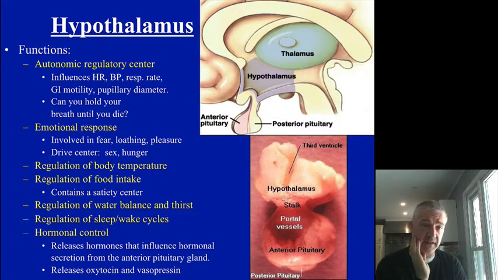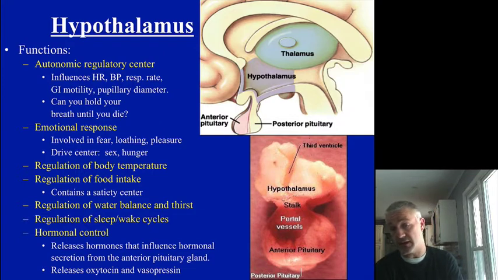It's involved in emotional responses, as well as sex and hunger drive. It's involved in regulating body temperature. It's involved in regulating food intake, involved in water balance, as well as influencing some of the sleep-wake cycles along with the pineal gland. On top of that, it is controlling both the anterior and posterior pituitary.